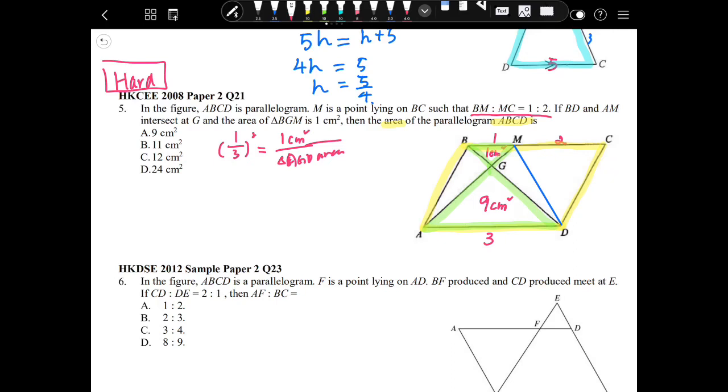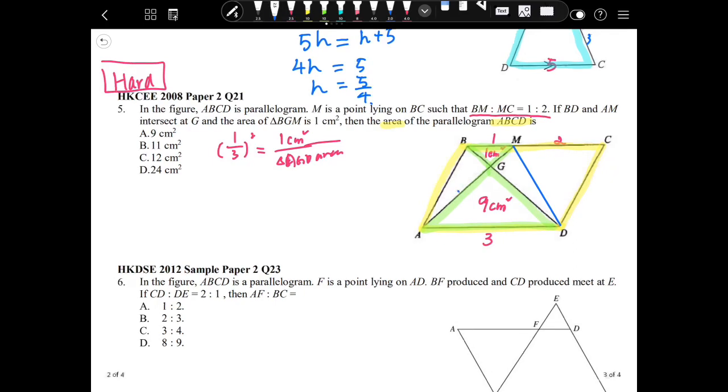If 1 to 3 is the ratio for the length, then this one means 3 for the ratio, and this one would be 1. If this area is 1 cm square, the length ratio of the bases would be 3 and 1, and we have the same height.